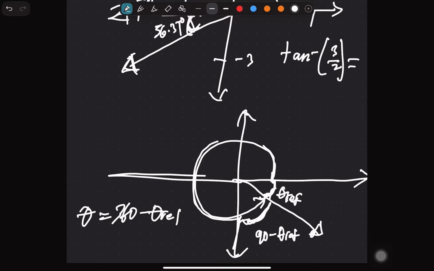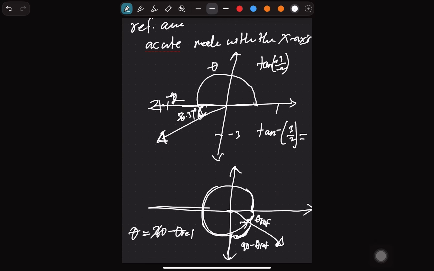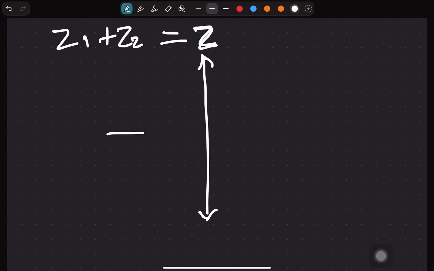Alright, so the next thing we'll talk about is the triangle inequality. Now, triangle inequality is still about addition of complex numbers. So for z1 plus z2 equal to another z in the complex plane, let's represent that by this.